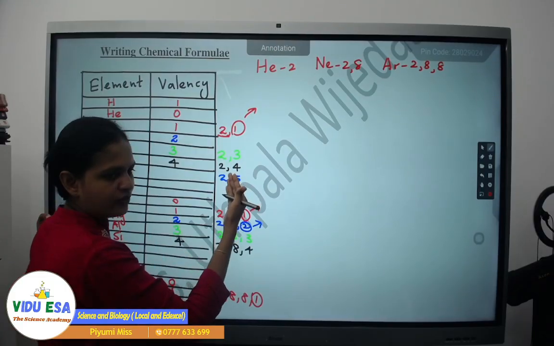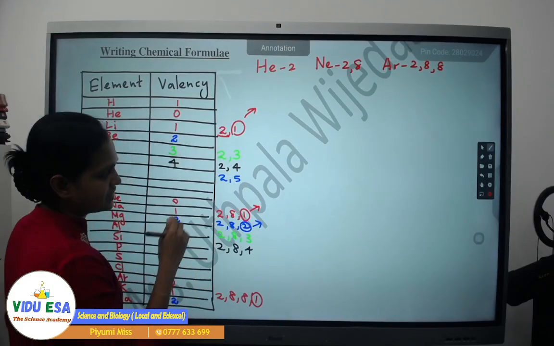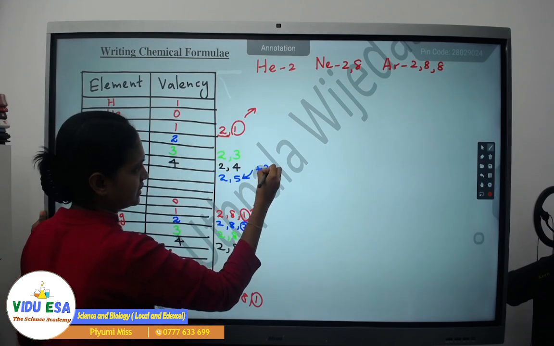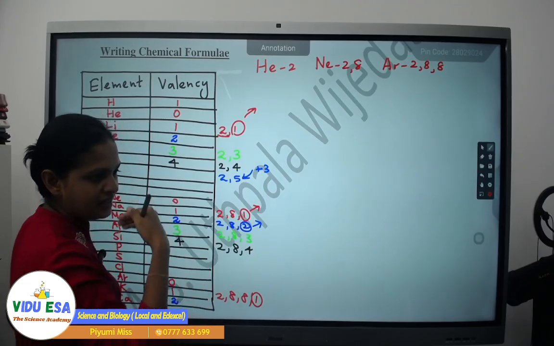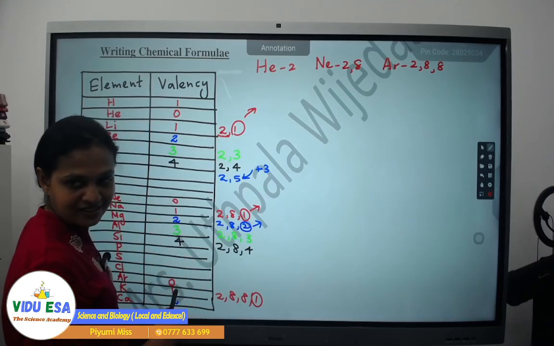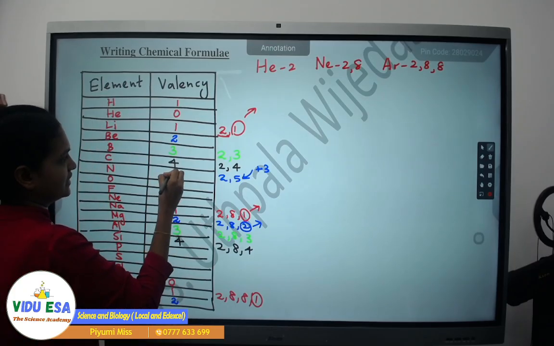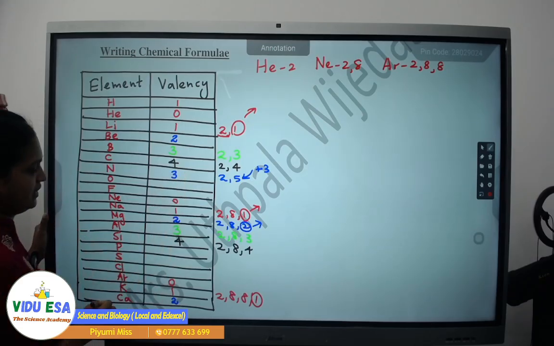When it comes to 4, they share electrons. When it comes to 5, it is easy to gain 3 electrons. Gaining three electrons is easier than removing five, right? So nitrogen gains 3 electrons and obtains the valency 3.